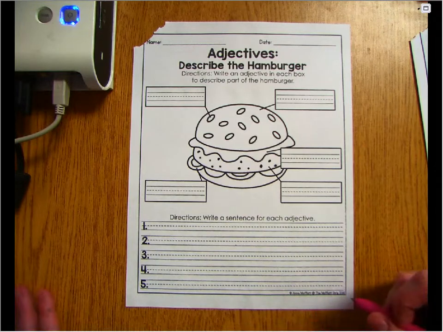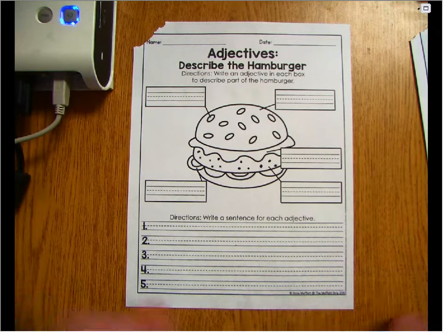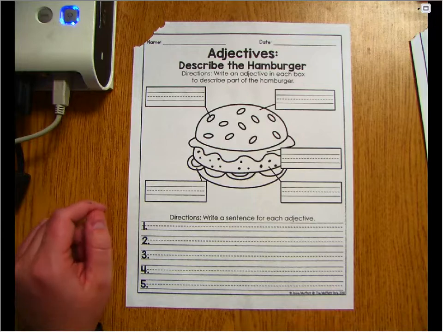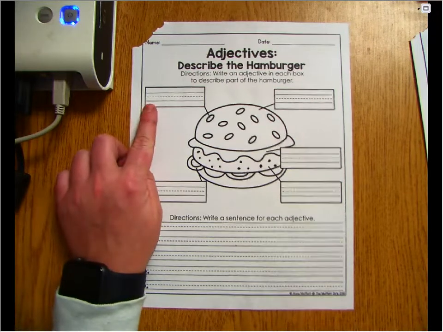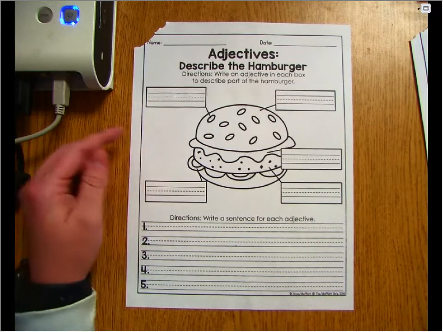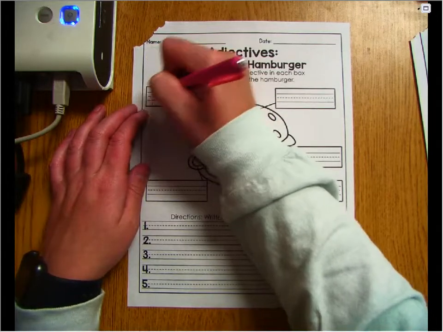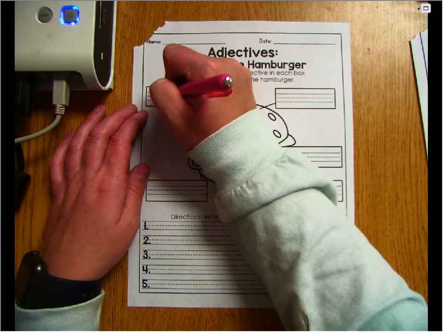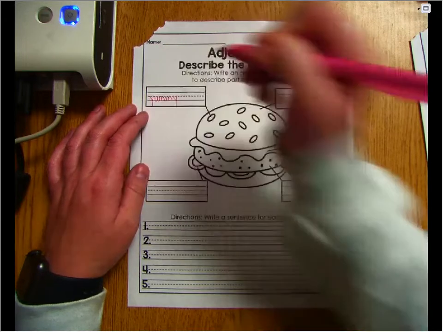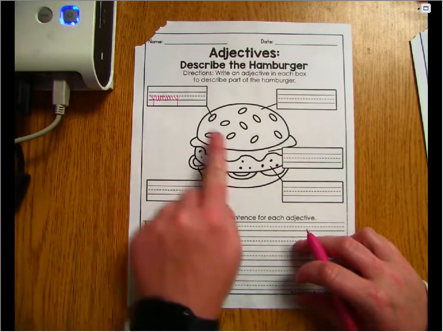So I'm just going to come up with a few adjectives for examples of how you would describe the hamburger. So one example I could say maybe is the word yummy. So I could say this is a yummy hamburger.